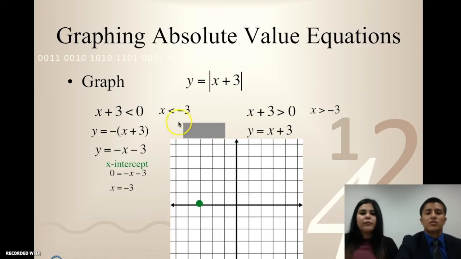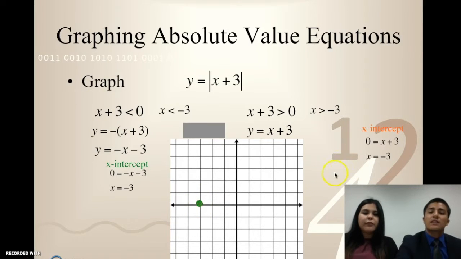So next thing we want to do is we want to find the x-intercepts. And if we remember, we do this by setting y equal to 0 and solving for x. So we get x is equal to negative 3. So this x-intercept for the negative graph will be x is equal to negative 3.